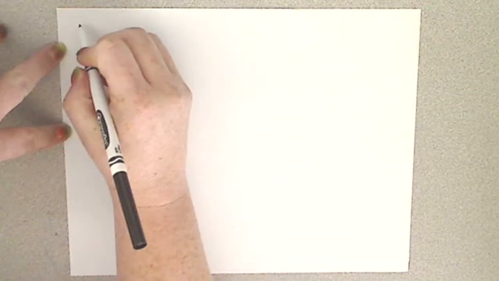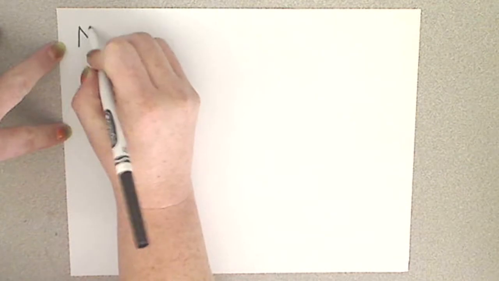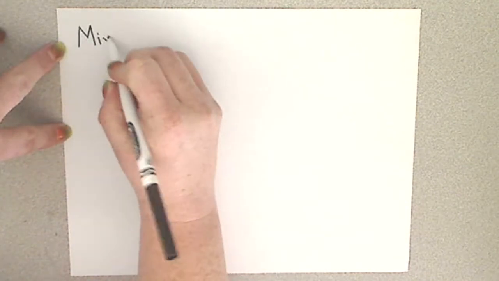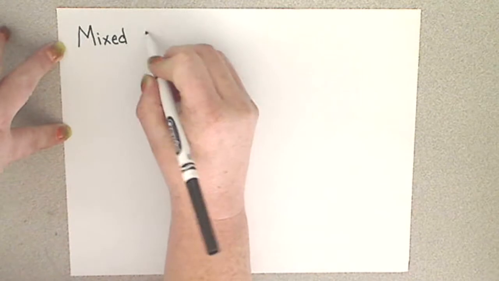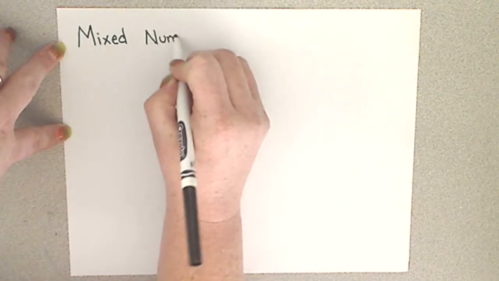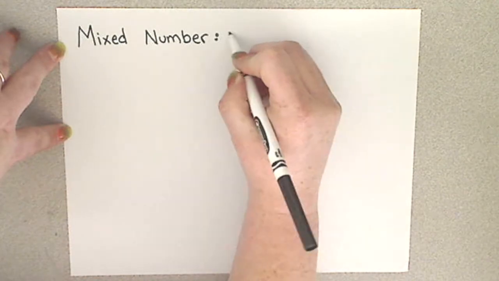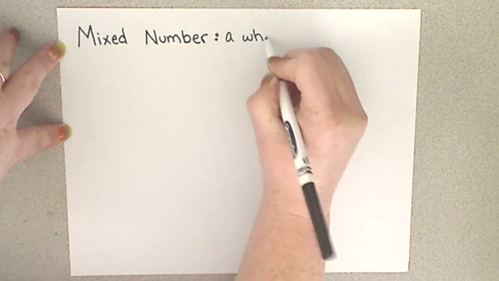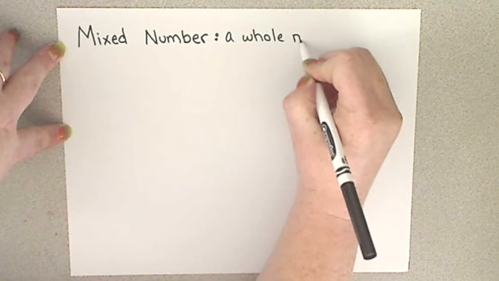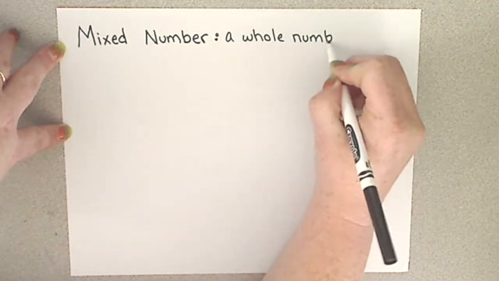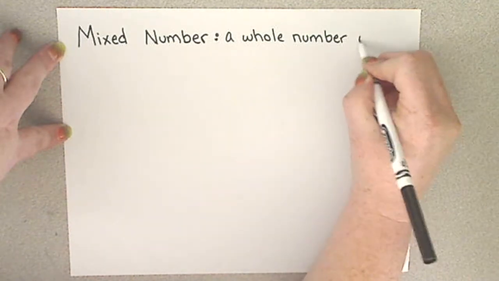We're first going to start looking at mixed numbers. Now, when you're looking at these, a mixed number is a whole number with a fraction.